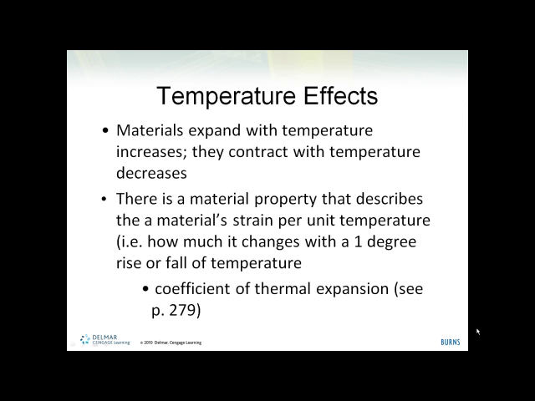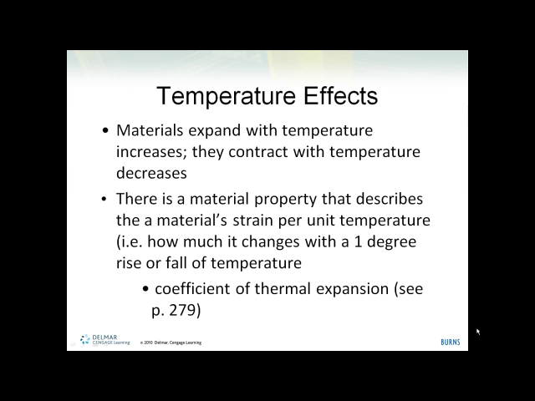For steel, for instance, it's typically taken as 6.5 times 10 to the negative 6th inches per inch per degree Fahrenheit. Or if you just expressed it in decimal terms, it'd be 0.0000065 inches per inch per degree Fahrenheit. Now, I want you to think for a minute what that really means.